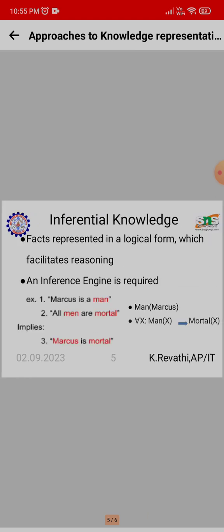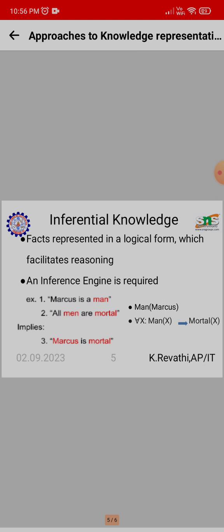Then inferential knowledge. The inferential knowledge approach represents knowledge in the form of formal logic. This approach can be used to derive more facts. It guarantees correctness. For example, the statements are: Marcus is a man, and all men are mortal.